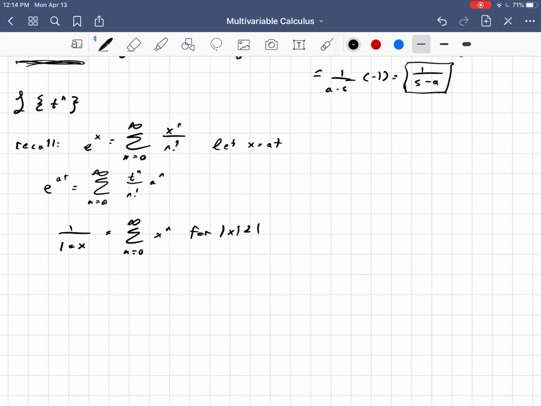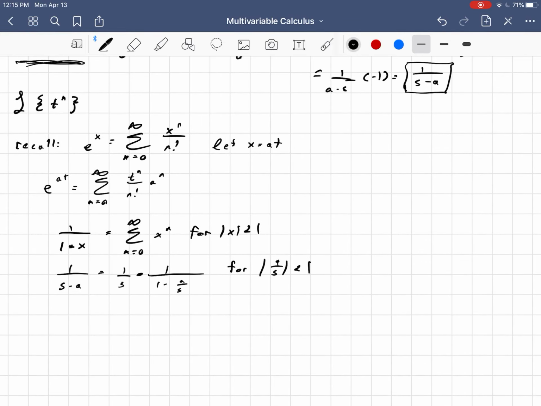That's just the sum of the infinite converging geometric series with the first term of 1 and a common ratio of x. If I look at this, this 1 over 1 minus x is similar to 1 over s minus a. And if I want to write it in this form, I can factor out an s on the bottom, and I can get 1 over s times 1 over 1 minus a over s.